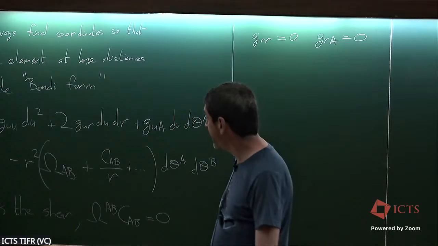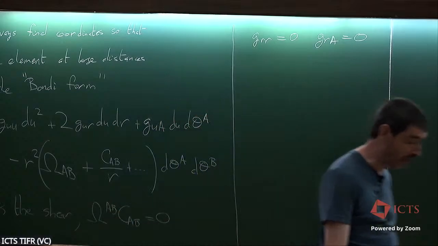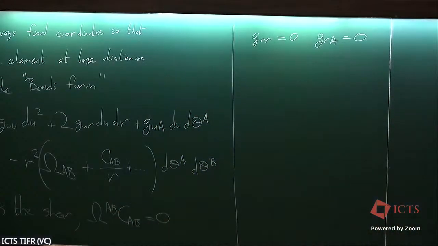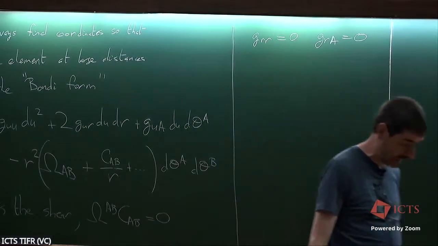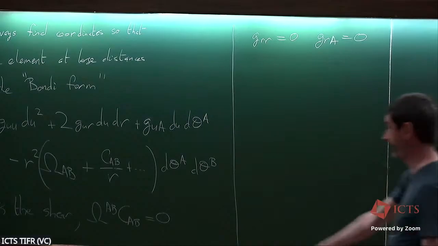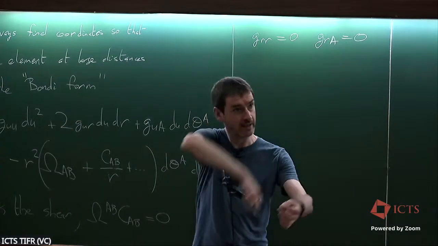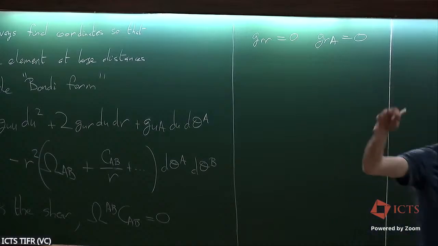Okay, now it's this thing here. The shear is the thing that I'm really going to care about. One way to understand it is that the shear is essentially the transverse traceless part of the metric in this Bondi gauge. And it's transverse because it just depends on the angle. It's transverse to the sphere. There's some sphere here, and this is some big sphere. It's more or less a round sphere, but it has some fluctuations on it.